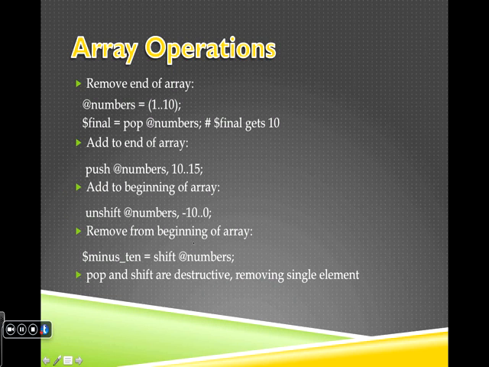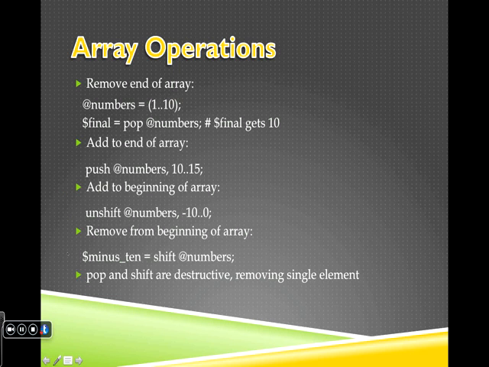Some types of operations that we can do on arrays are the following. So for example, let me generate a list of numbers 1 to 10. So here my array starts from index number 0 to index number 9, the first element equal 1, the last element equal 10. I can use a function named pop.